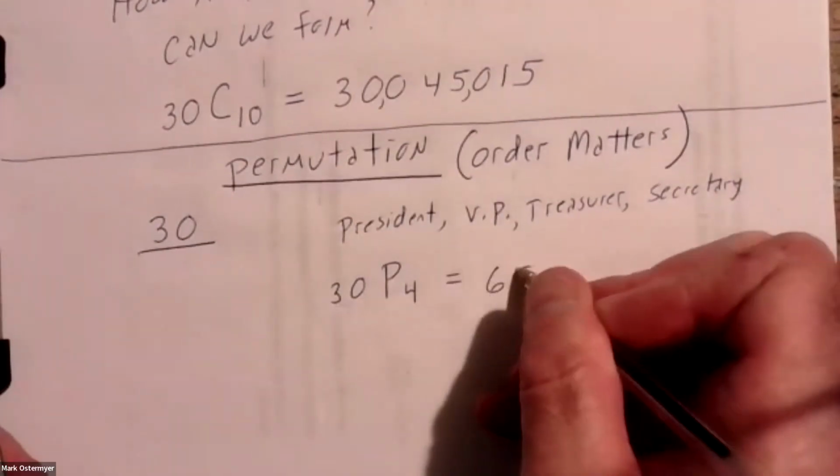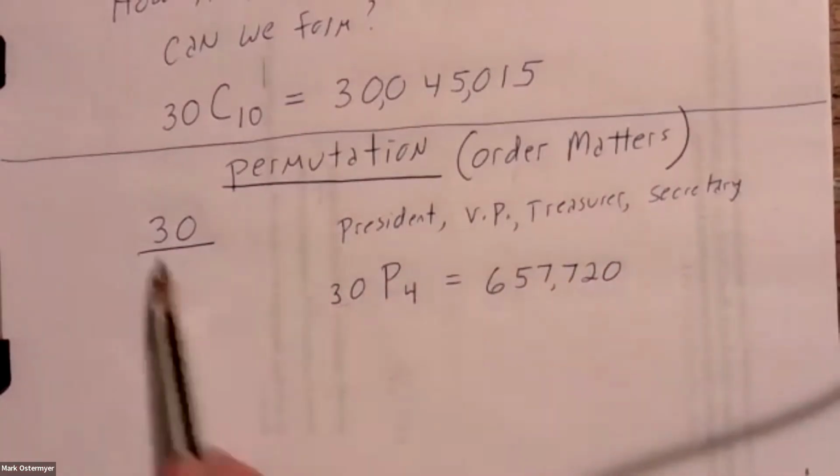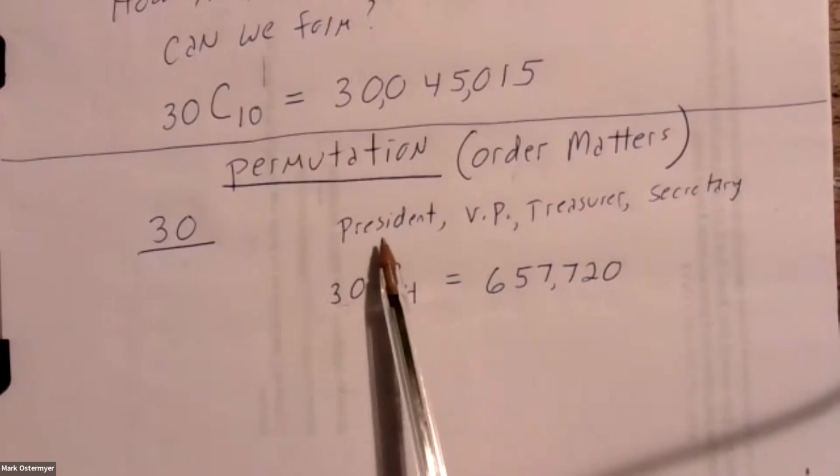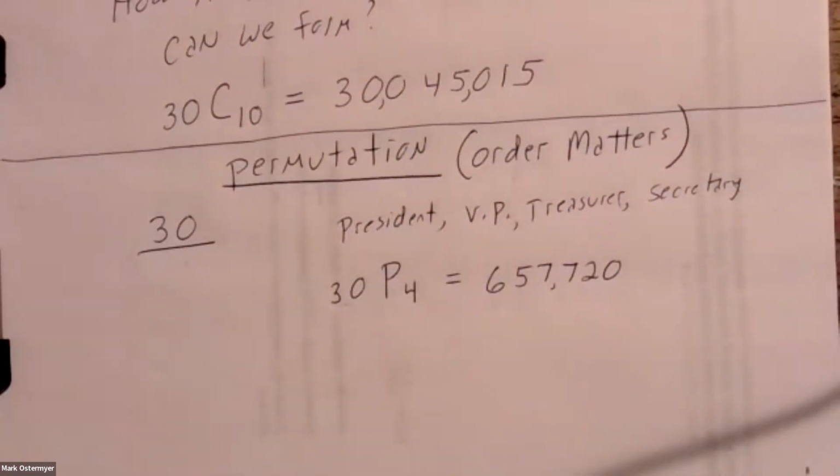There are going to be 657,720 different cabinets you can arrange from 30 candidates, where one has to hold the office of president, vice president, treasurer, and secretary. Is a permutation making sense, ladies and gentlemen? Making any sense here?